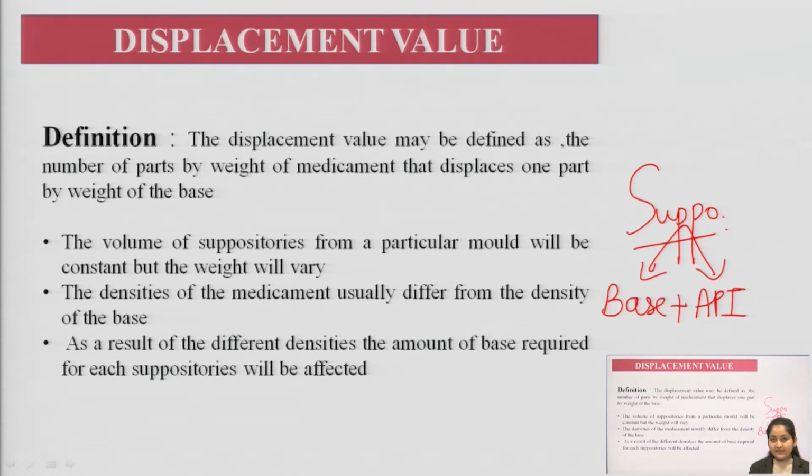The base forms the major part of your suppository and the API is incorporated in order to form a proper, firm and rigid suppository. The nature of the base is going to govern how firm and rigid your suppositories are. How much percentage of base must be used and how much API must be incorporated is all determined by a value known as displacement value.